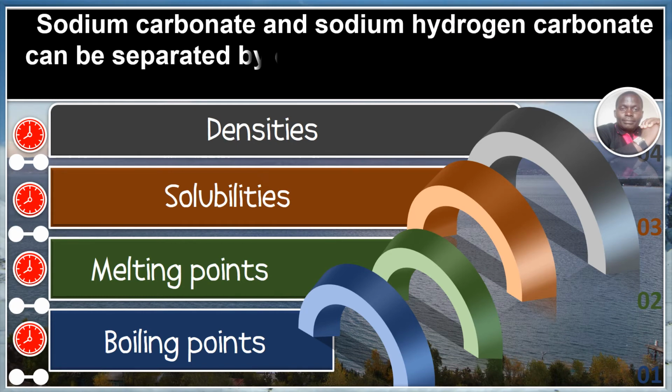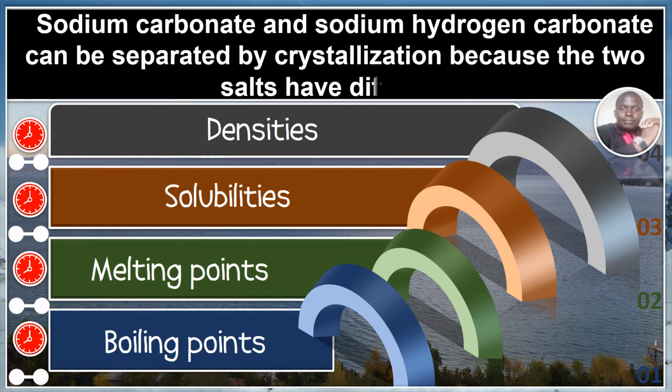Sodium carbonate and sodium hydrogen carbonate can be separated by crystallization because the two salts have different solubility.